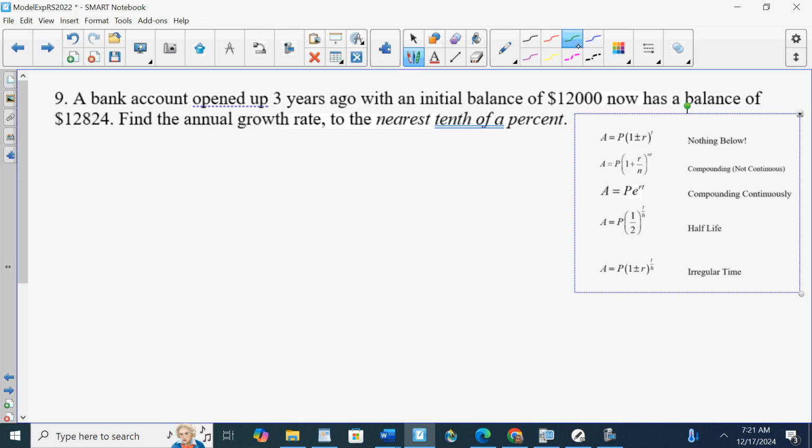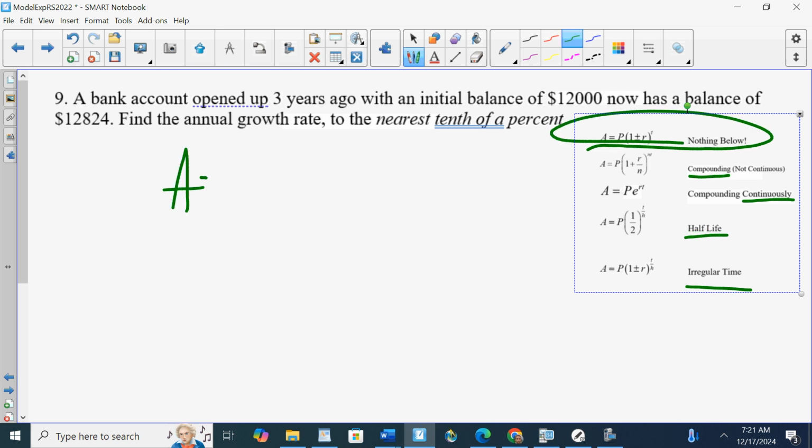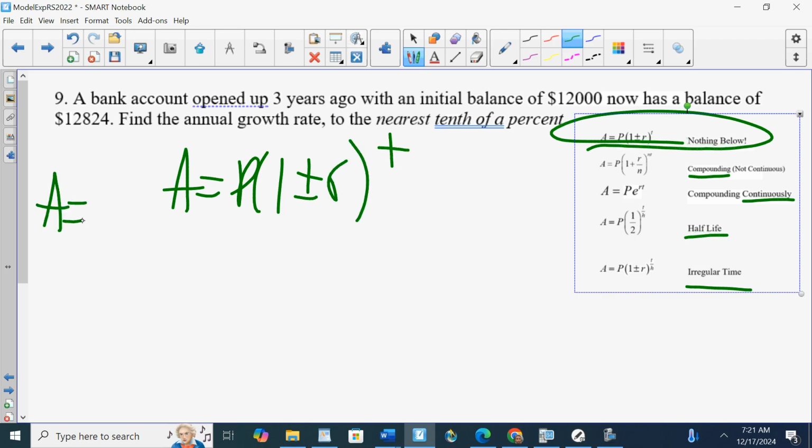A bank account opened up 3 years ago with an initial balance of 12,000 now has a balance of 12,824. So I'm looking for the words compounding, continuously, half-life, or some irregular time. I don't see any of those things. Therefore, I'm using my original, A equals P times 1 plus or minus R to the power of T. List your variables: A equals, P equals, R equals, T equals.